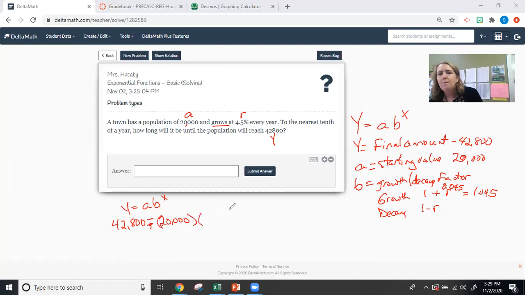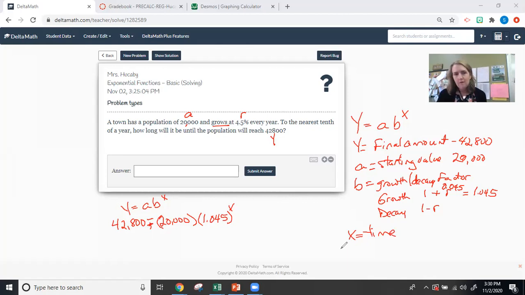B is our growth or decay factor, 1 plus our rate, 0.045, and then we raise it to the x power. This is what we're going to solve for, to the nearest tenth of a year. So x is our time.